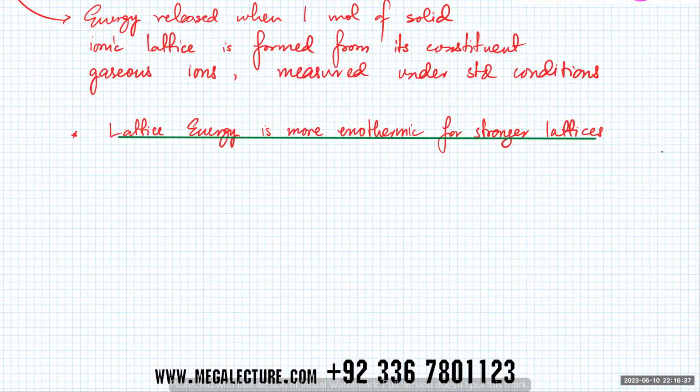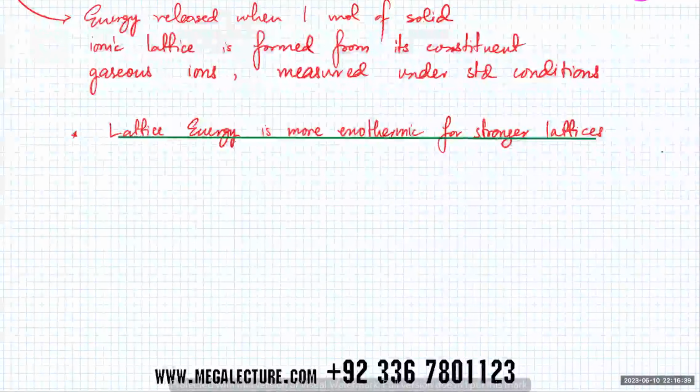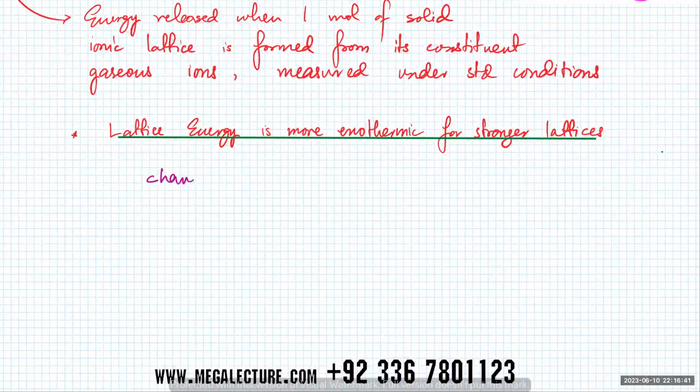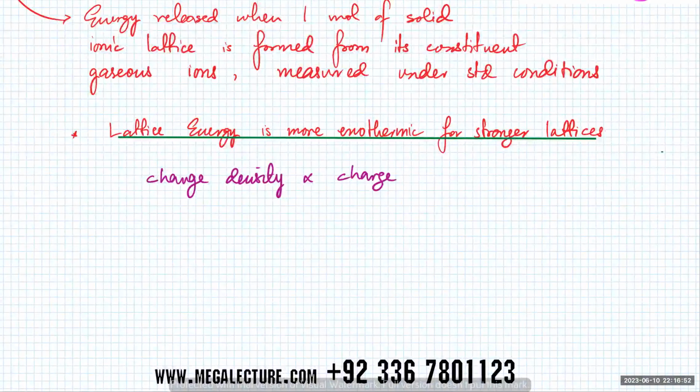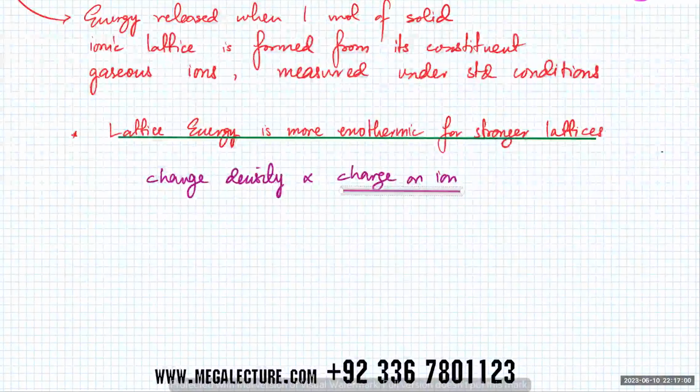So it basically depends on the charge density, which is proportional to the charge on the ion. The greater the charge, the stronger the lattice. And it's inversely proportional to the size of the ion. The bigger the ion, the weaker the lattice.